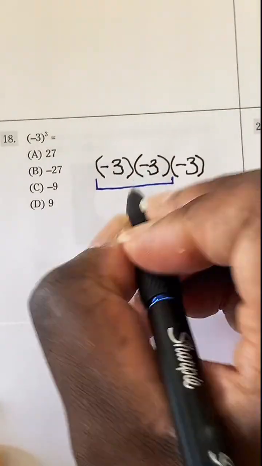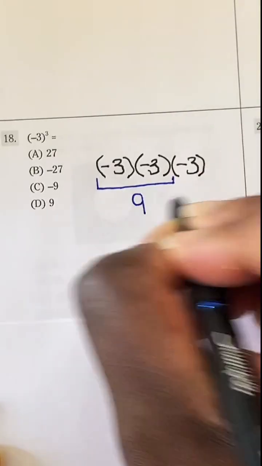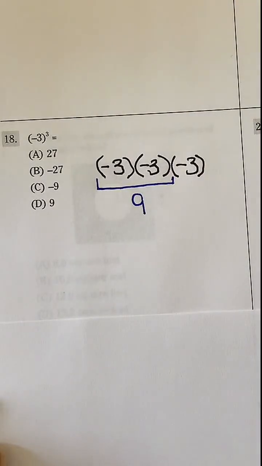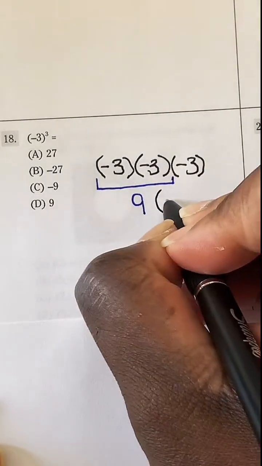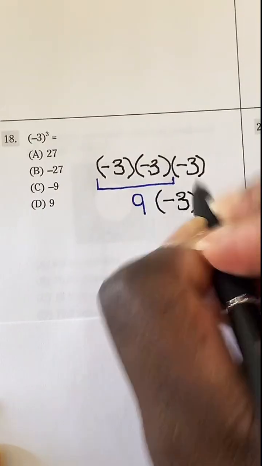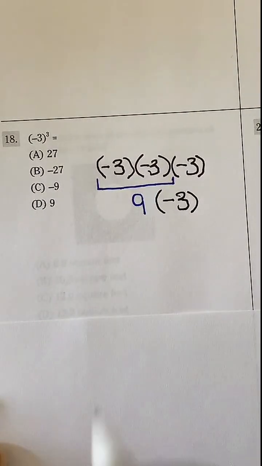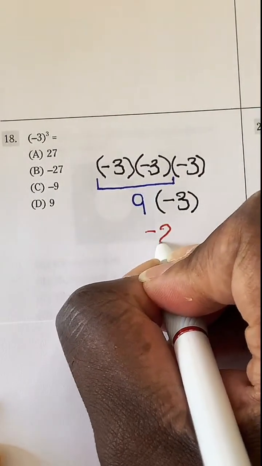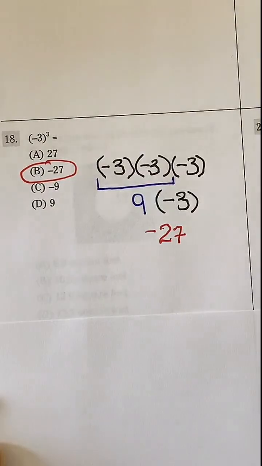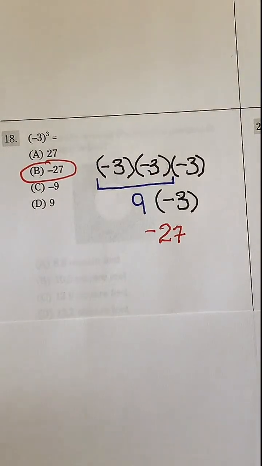A negative times a negative gives me a positive, and that gives me a positive 9. So if I have that positive 9 times my -3, that will give me a -27. Okay. So the answer is B.